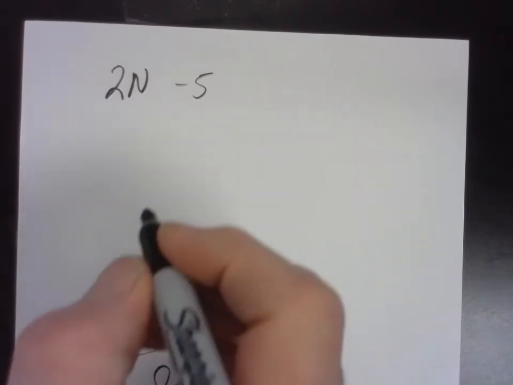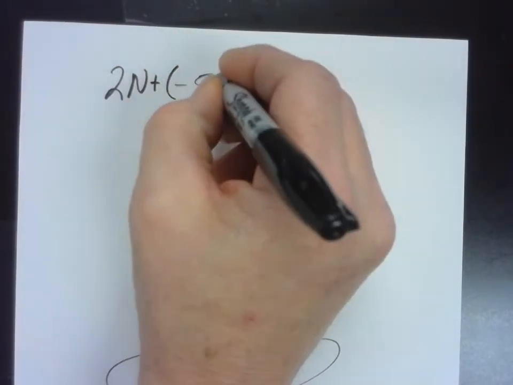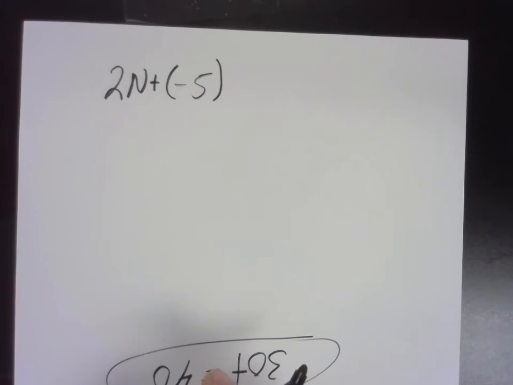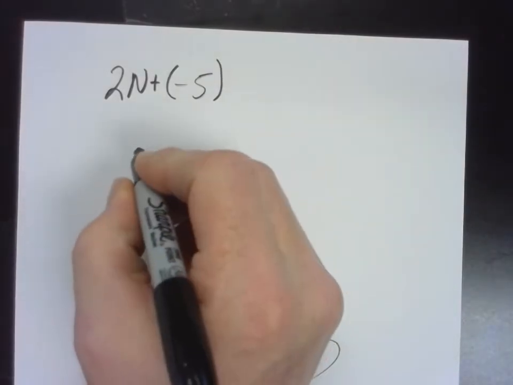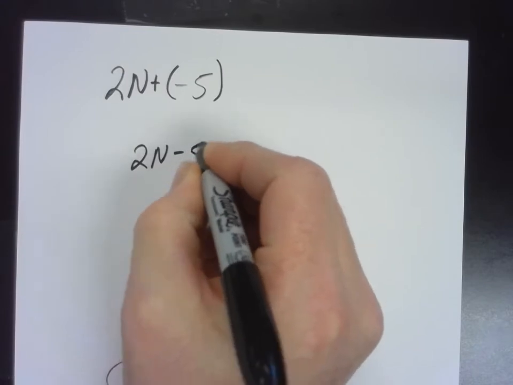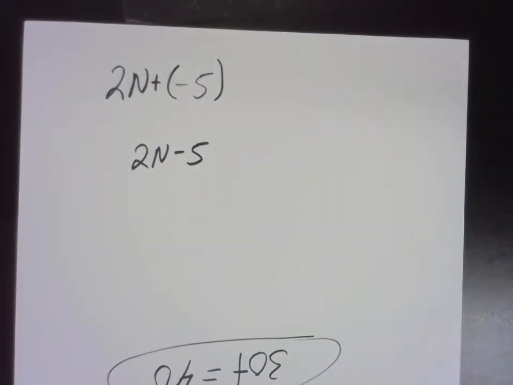So I guess I could do this, but I'm not going to because I'm way too lazy. And so is every other mathematician in the world. Even though it says the sum, if I'm adding a negative number, I'm just going to say subtract 5. Okay, and then there's one more that I really want to focus on.